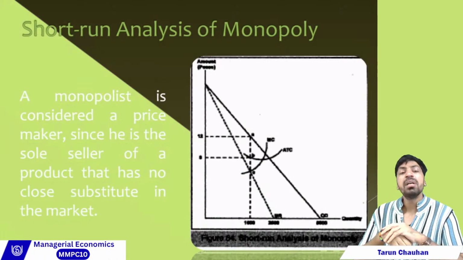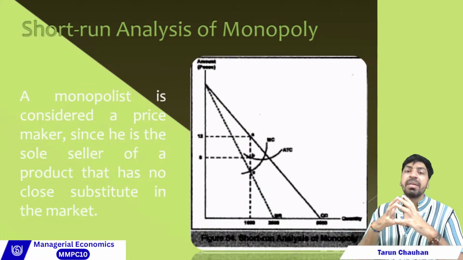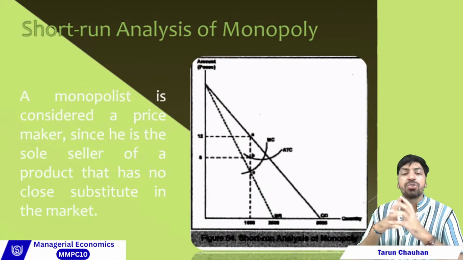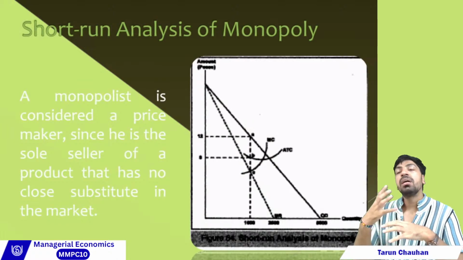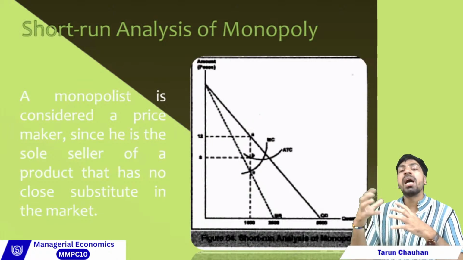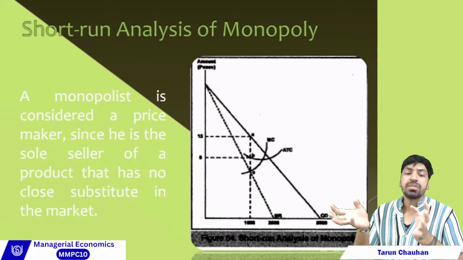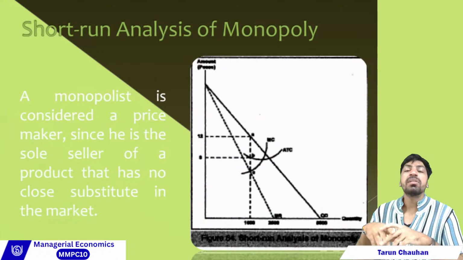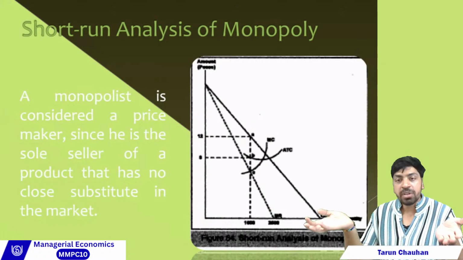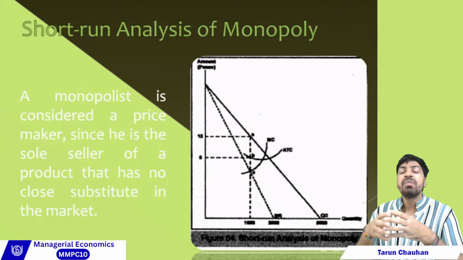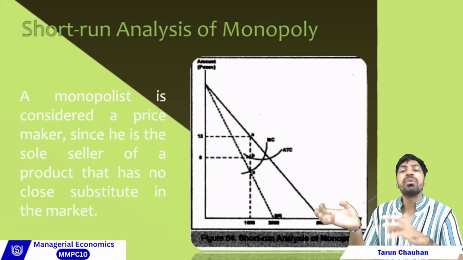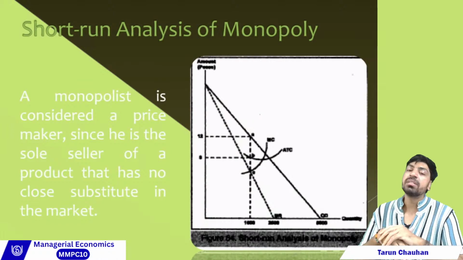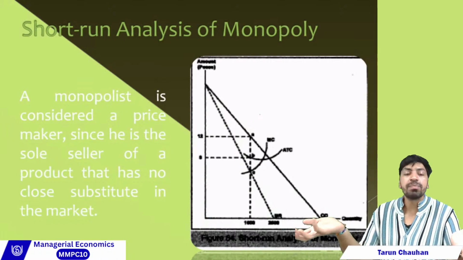In the short run, the monopolist is considered a price maker. That means under monopoly they have full control. That means he can make a price, and accordingly he can sell the product at different prices to different consumers, as they sell a plenty of differentiated products which have close substitutes available in the market, sold by a sole producer or a distributor or a seller.